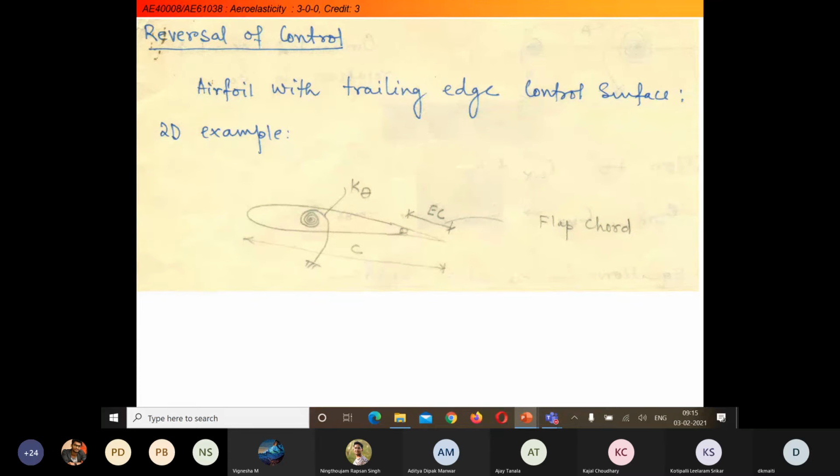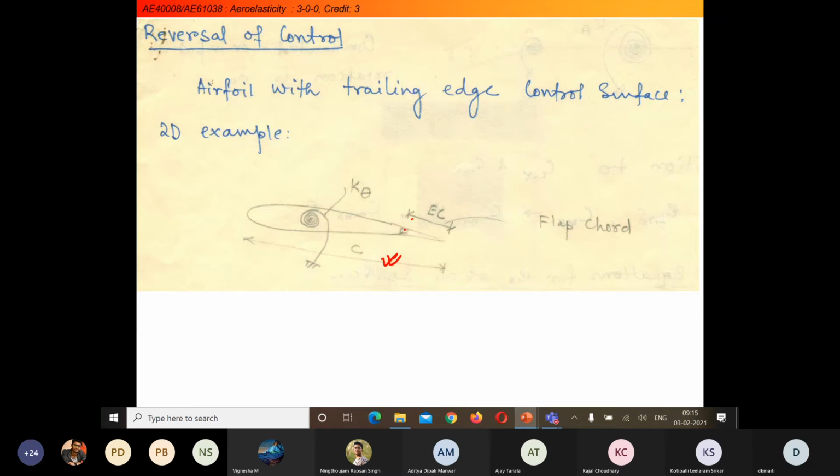In this case, I am considering the aerofoil with a trailing edge control surface. The 2D configuration we have considered here. The total chord length is C, and the control surface, the flap or the aileron, whatever we are considering, is measured from the hinge point to the trailing edge. E into C is the percentage.